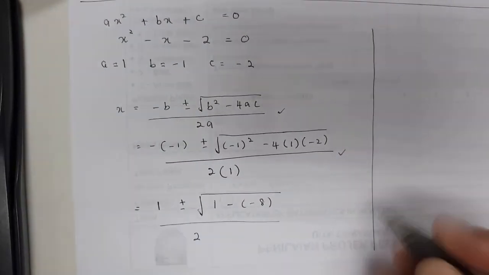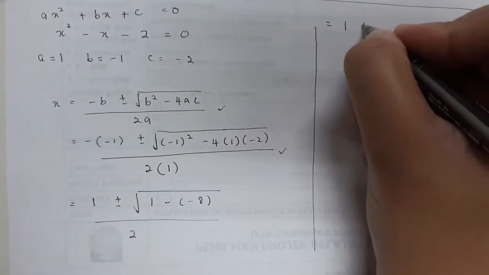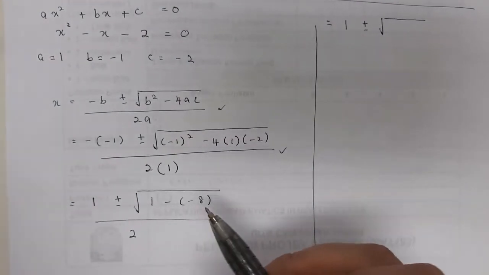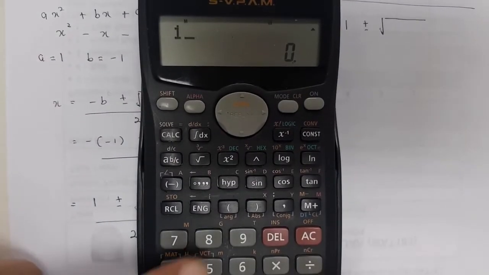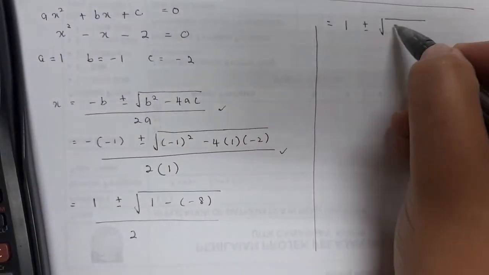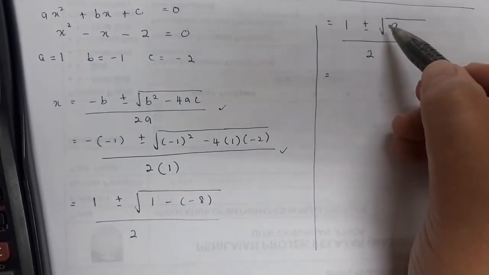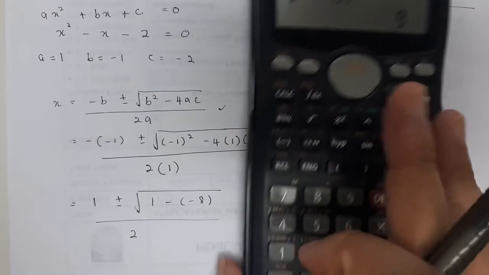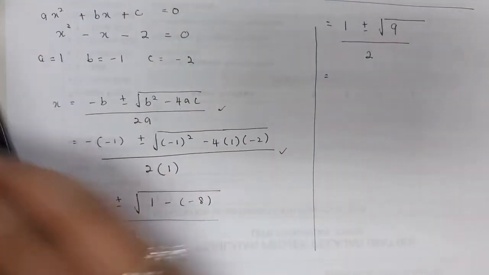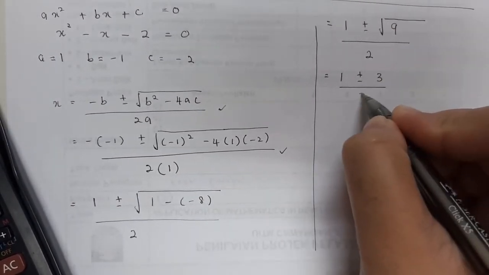Okay, let's continue here. 1 plus minus square root 1 minus negative 8. 1 minus negative 8 equal to 9 over 2. What is the value of square root 9? Square root 9 equal to 3. So 1 plus minus 3 over 2.